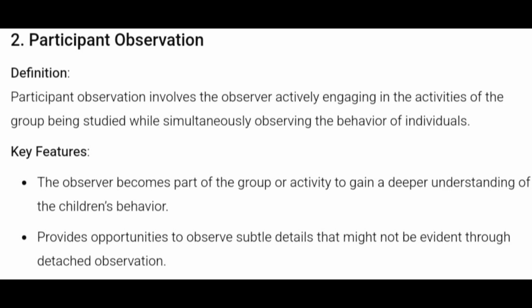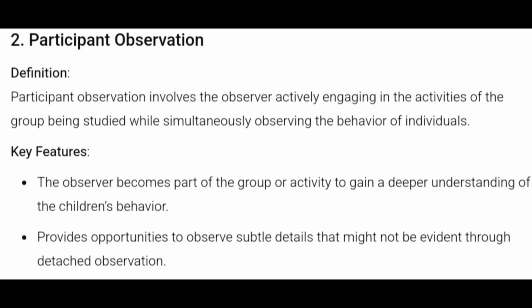So this is what I was saying, that the observer himself actively takes part in this participant observation method of child study. So he is observing the child, at the same time he is playing with the children, he is running with the children, he is studying with the children. Whatever they are doing as a group, the observer himself is in the group.